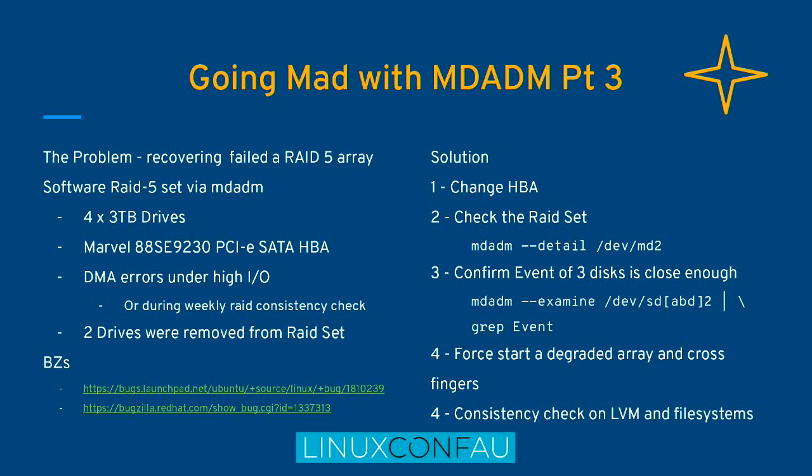We'd have to work through this, but we looked in the detail of the RAID set using the MDADM tools, and it turns out one disk had a completely different event state than the others. 2 had the same event level, and 1 was only different by 1 number.